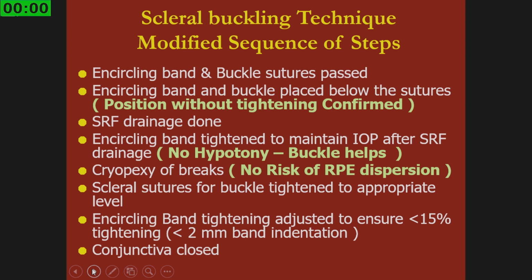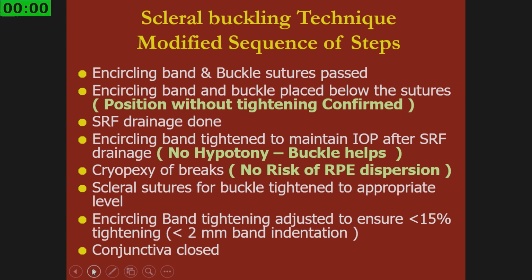We modified the sequence of buckling to first pass the band and the buckle sutures, then place the band and the buckle in position, confirm they are adequately positioned, then do the SRF drainage and immediately tighten. So no hypotony, and this prevents any risk due to the hypotony.